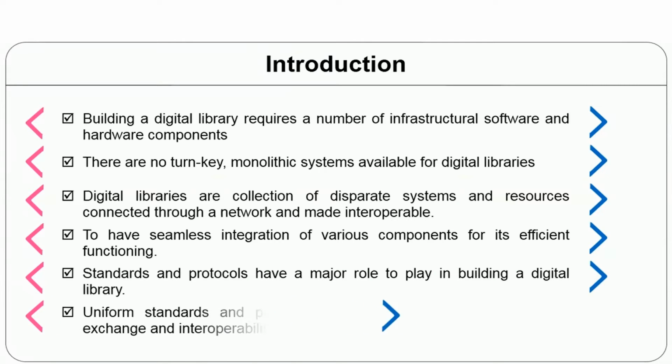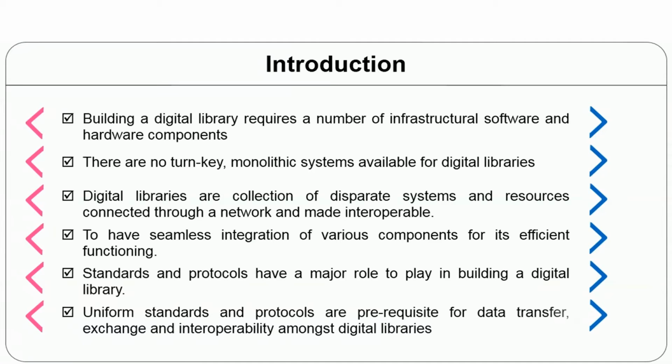Uniform standards and protocols are a prerequisite for data transfer, exchange, and interoperability among digital libraries. In a library, generally we transfer library content. Let us take the simple thing of a catalog. Catalog records can be in different formats. It can follow something called a common CCF.